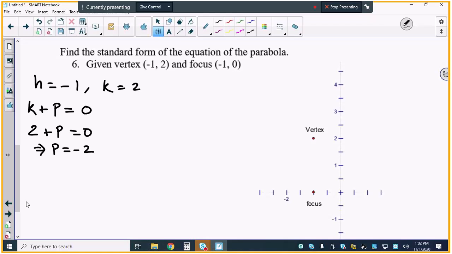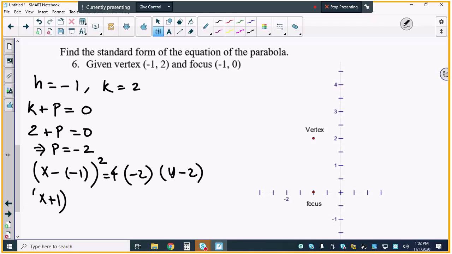Since the axis of symmetry is a vertical line, the x term will be squared. So I will say (x minus -1) squared is equal to 4 times the focal distance p, -2, times (y minus k). So (x + 1) squared is equal to -8 times (y - 2).